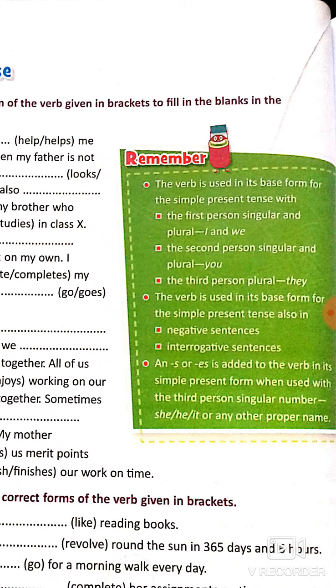Apart from that, the verb in its base form will be used with all the rest of the persons. The verb is used in its base form for the simple present tense also in negative sentences as well as in interrogative sentences, and S or ES is added to the verb in its simple present form when used with the third person singular number, he, she, it or any other proper name.